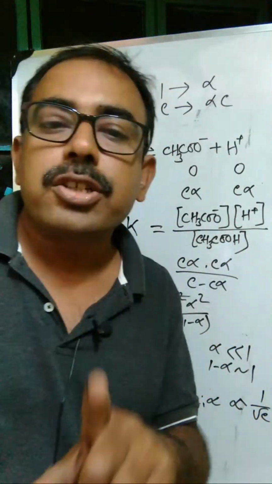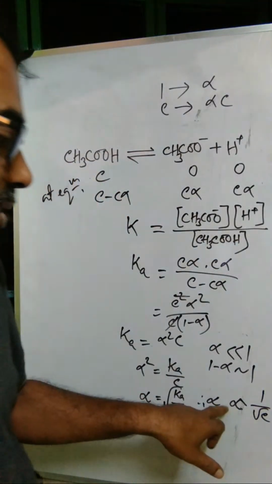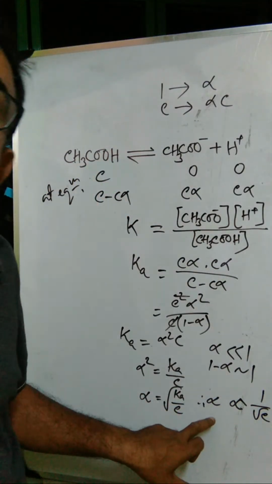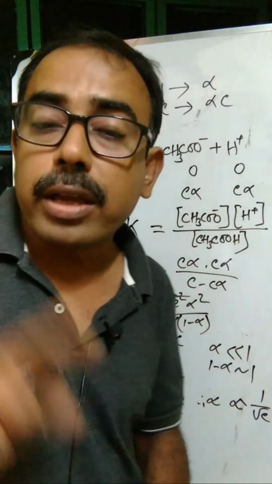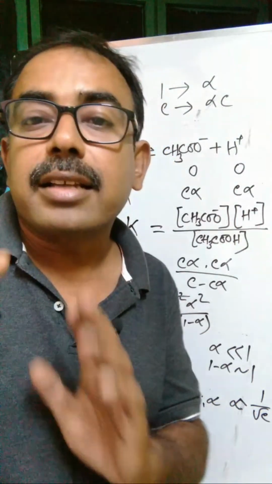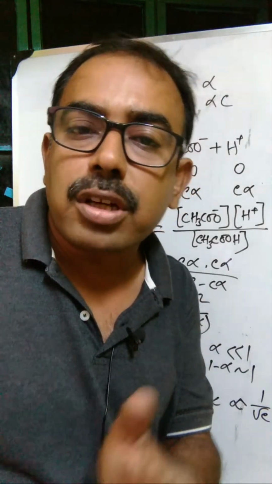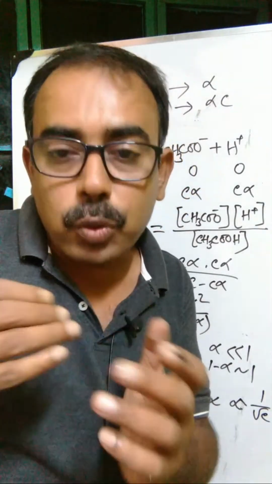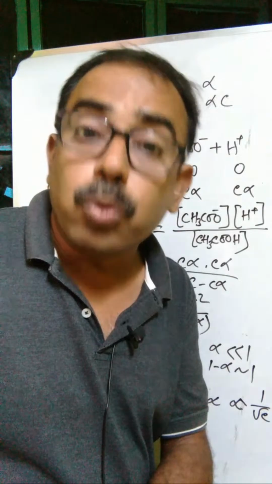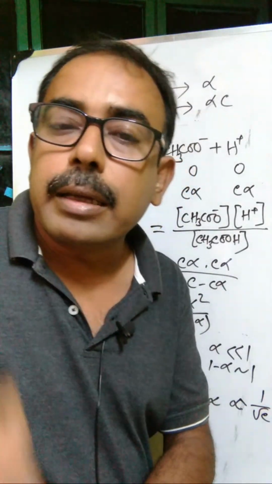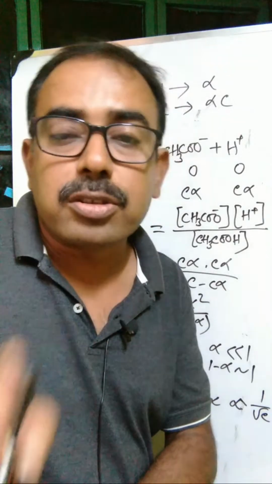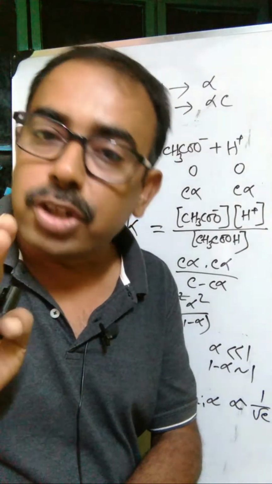So, as concentration increases, alpha decreases; they are inversely proportional. Alpha, the degree of dissociation, is inversely proportional to the square root of concentration. If you increase the concentration, alpha will decrease, and if you decrease the concentration by adding water, that is by diluting the solution, the concentration decreases.